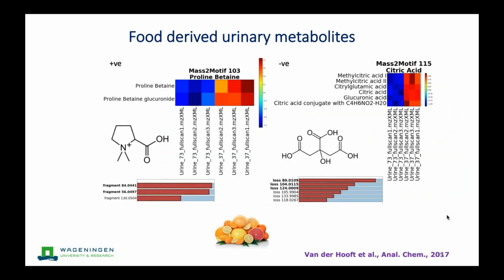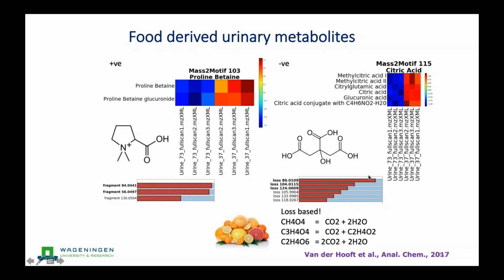So not only that, I also found some over here. We have proline betaine, we have a fragment-based motif, as you've seen before. So these 2 fragments are consistently present in a number of molecules. Negative ionization mode data. Over here, I want to point out these are all losses. So actually, I annotated those losses, and I figured out that there were likely carboxylic acid related losses, as you can see over here.